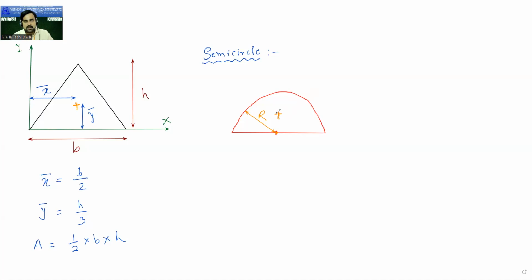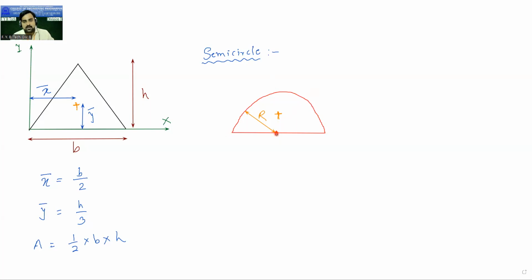Now see, centroid and center are two different points in the case of a semicircle. Here you can see, this is the center of the semicircle, and this point above the center is called the centroid of the semicircle. The center is the point from which, at a distance of R, you have made one circumference, which we call a semicircle.